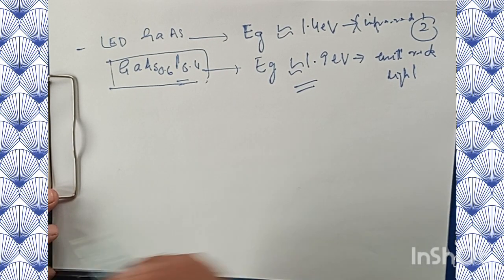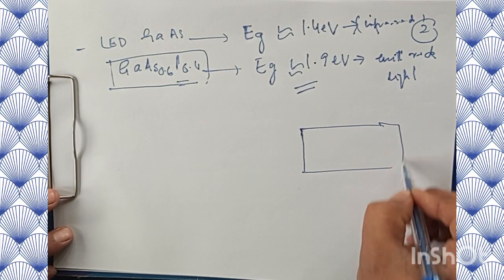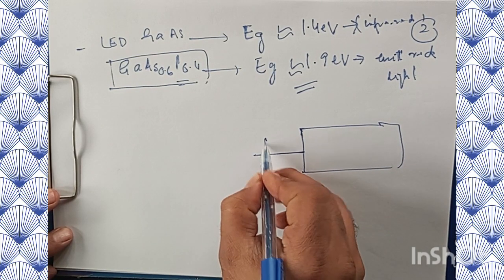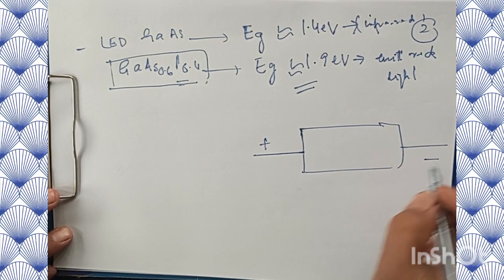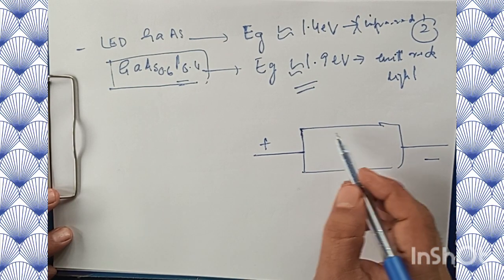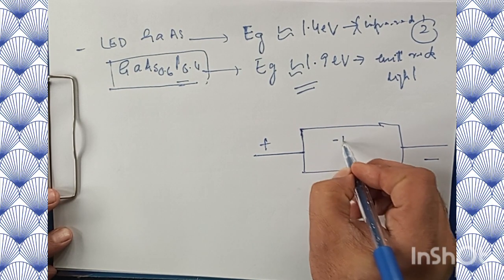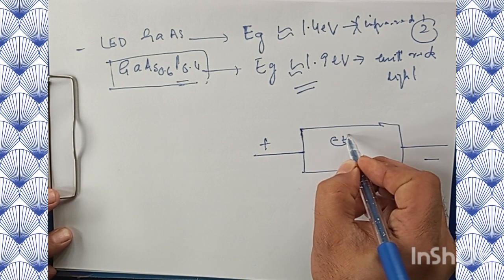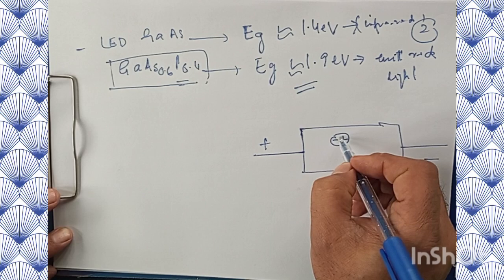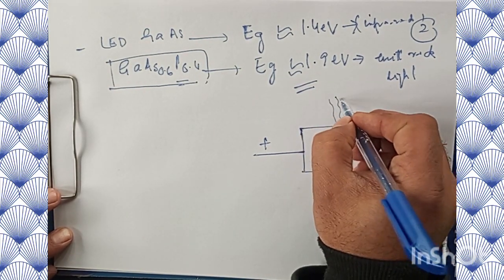Now, if I have to explain this concept, we have a PN junction, and this is a forward biased PN junction. So this must be positive, this must be negative, and what happens is you give the current and you have these electron hole pairs, and they emit radiation.